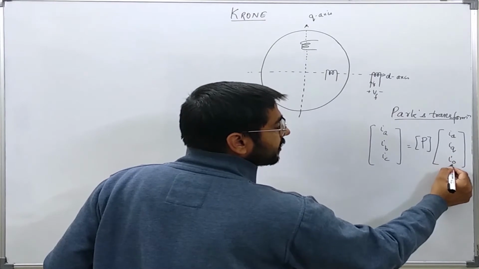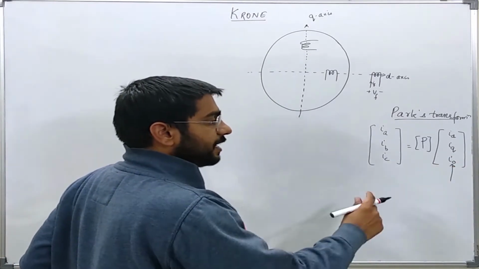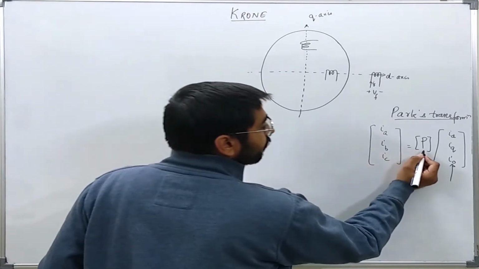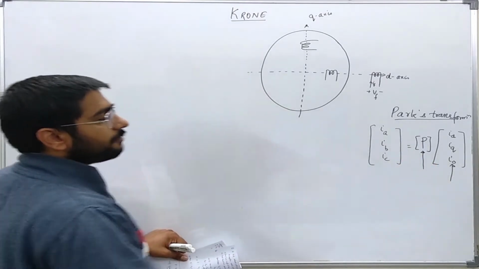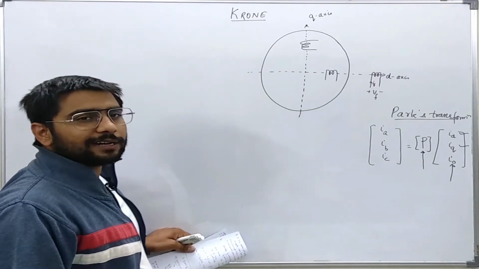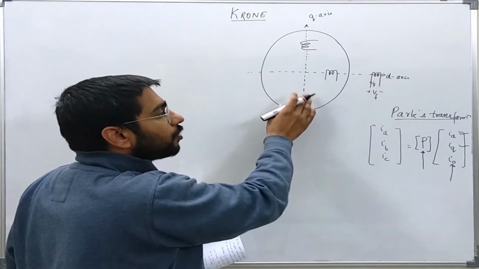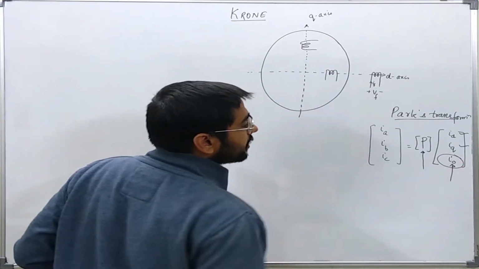This zero sequence is the same as what we study in symmetrical components when we study unsymmetrical faults. Either we can directly use this transformation matrix and find various values. Since we are going to deal with only symmetrical scenarios, that is, the load is symmetrical or the fault is symmetrical, this will not come into the picture.